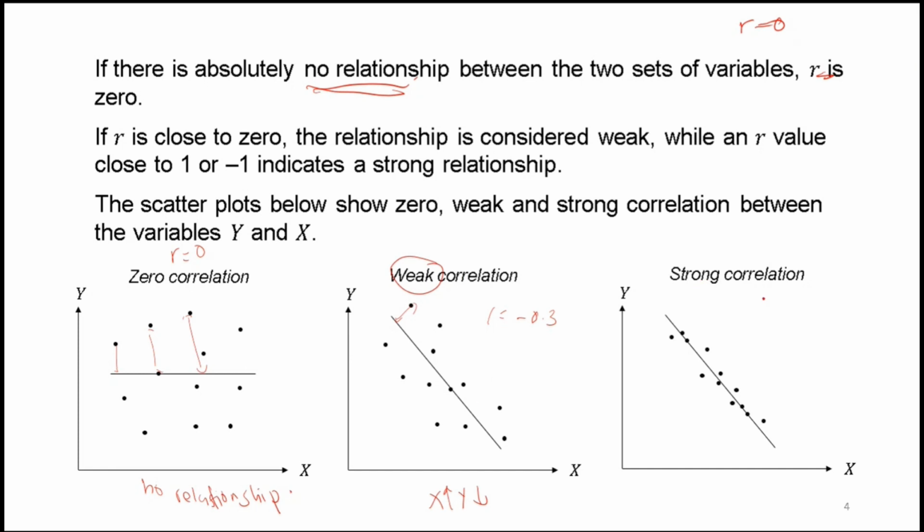And then strong correlation: you can see that most of the points are attached to this line, so this is strong correlation, but this one is negative. Strong negative correlation, so r equals a negative value, negative 0.8 for example. So this one is strong correlation, weak correlation, and zero correlation.